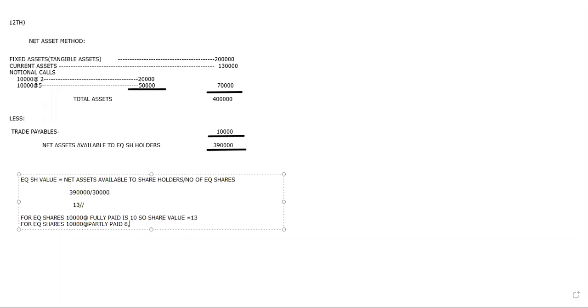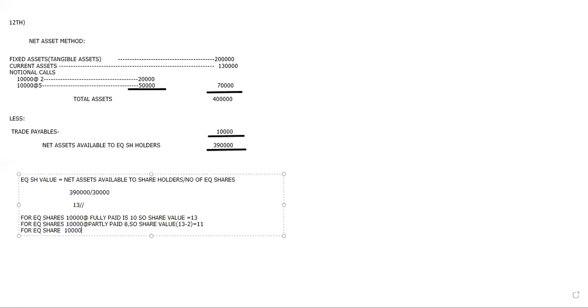So share value is equal to, just see how I'm doing it. 13 rupees is the value we got, no? So partly paid, how much, ma? 2 rupees, they didn't pay 2 rupees. So we'll minus 2 rupees from this one. So the value will be 11 rupees. Did you get it? So this is the way we are going to do it.